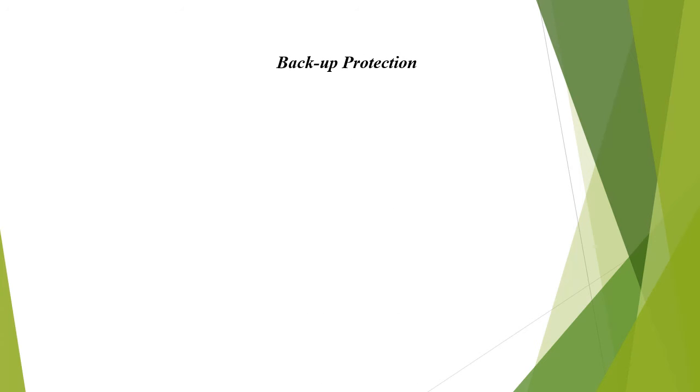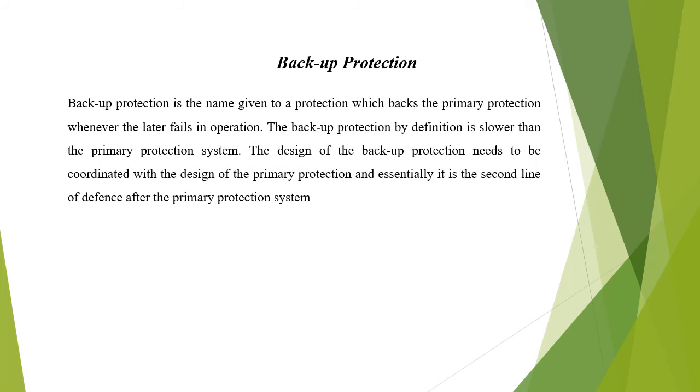Now let's look at the backup protection. What is a backup protection? A backup protection is the name given to a protection which backs up the primary protection whenever the latter fails. In case the primary protection fails, the backup protection will assist.